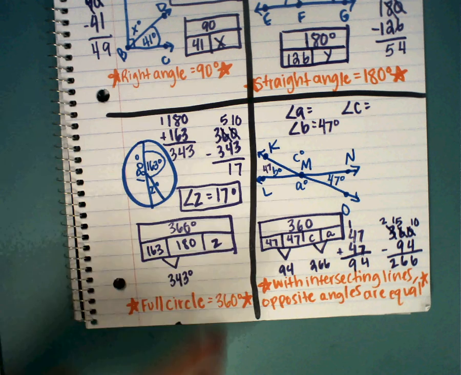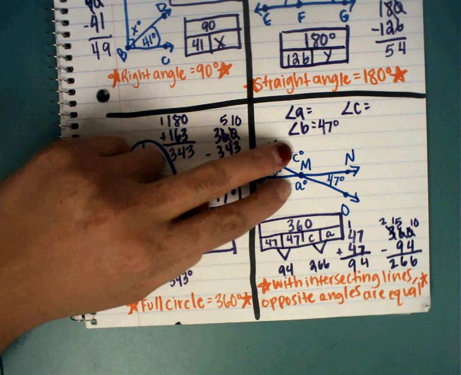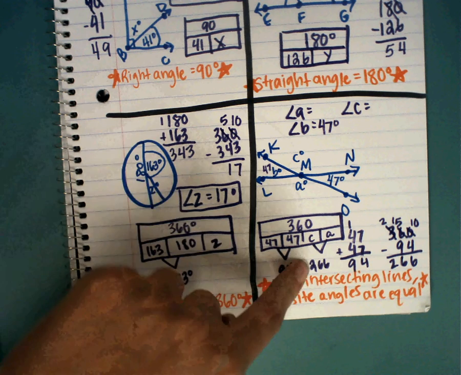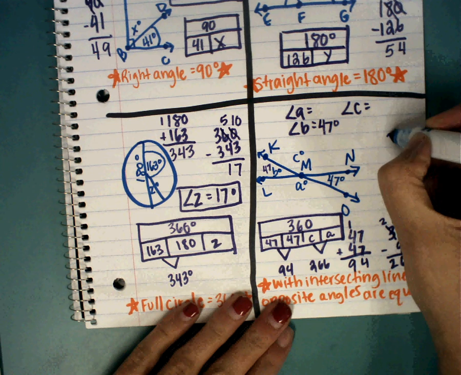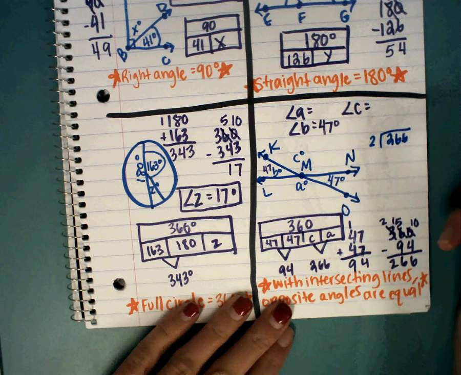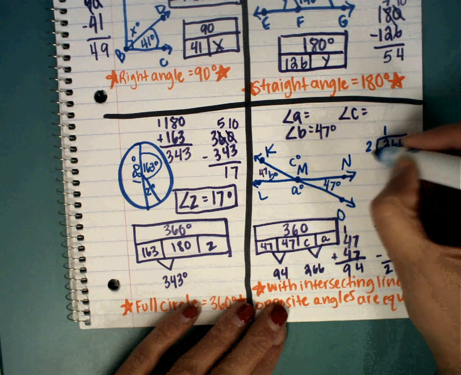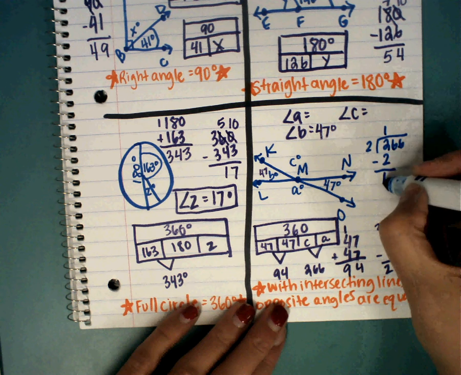Well, if opposite angles are equal, that means that C and A are equal. So couldn't I just take 266 and divide it by 2? I could. Let's go ahead and do it. How many groups of 2 can I get out of 2? 1. 2 times 1 is 2. 2 minus 2 is 0.